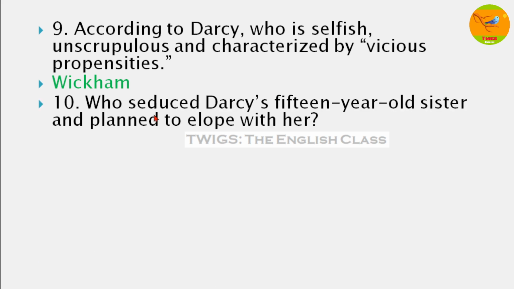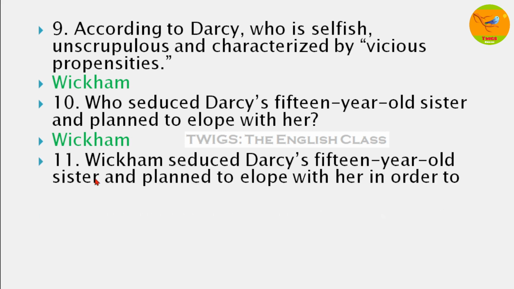Next, who seduced Darcy's 15-year-old sister and planned to elope with her? Wickham. Wickham seduced Darcy's 15-year-old sister and planned to elope with her.